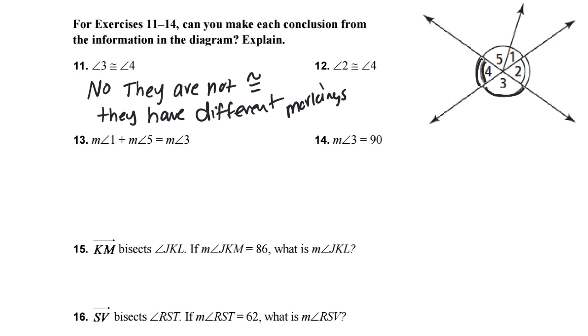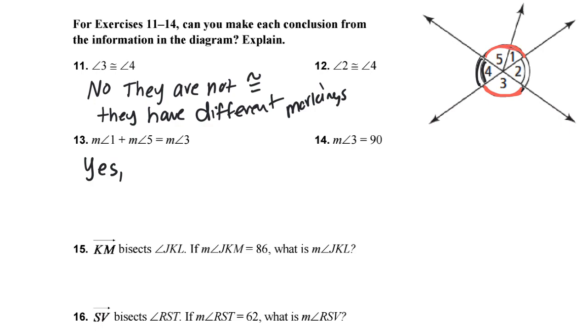Number 13: the measurement of angle 1 plus the measurement of angle 5 equals the measurement of angle 3. And I want to say yes. Yes, you can make that conclusion. And it goes back to the markings. You see, the two smaller angles will make the larger angle. In this case, angle 3 is going to make up this angle here, which includes angle 1 and angle 5.